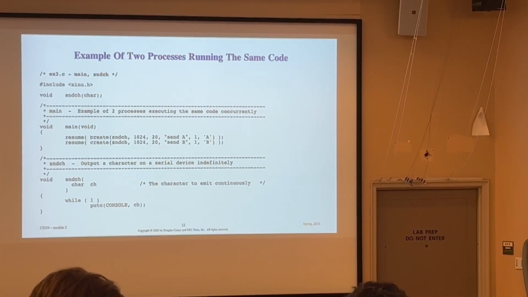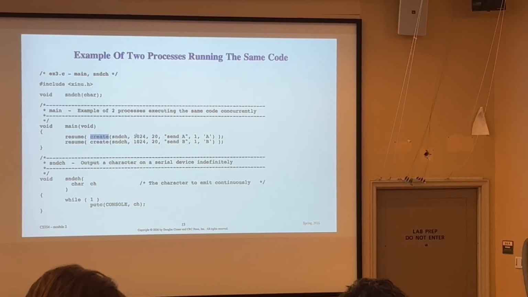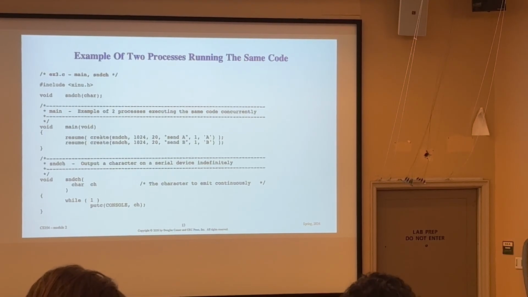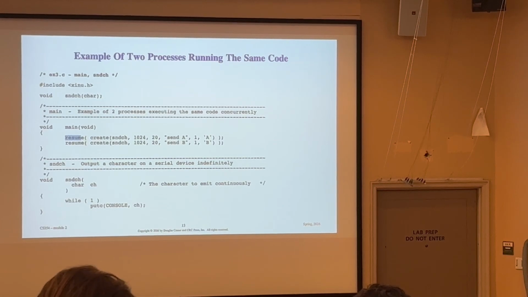You have a create system call that creates a process, but you always invoke this resume. The reason is that in Xinu, when you create a process, the process is first initialized to be in a suspended state.